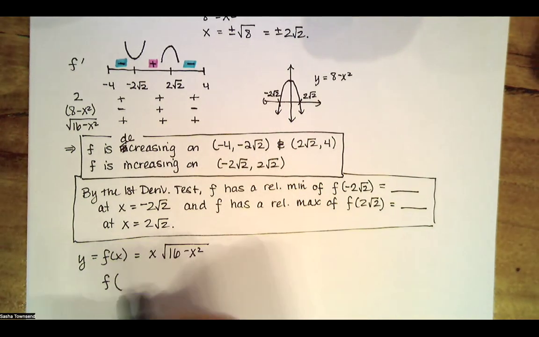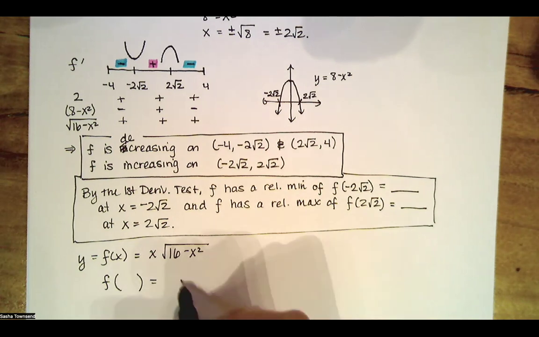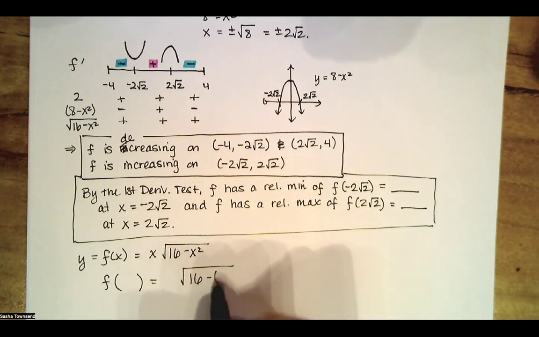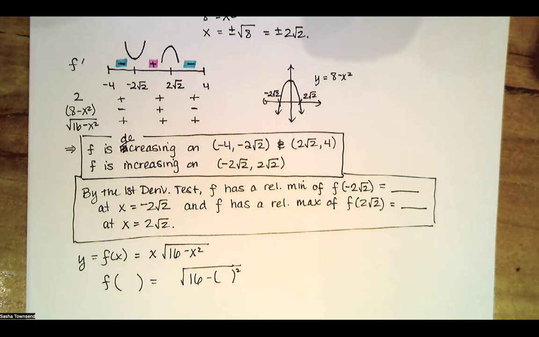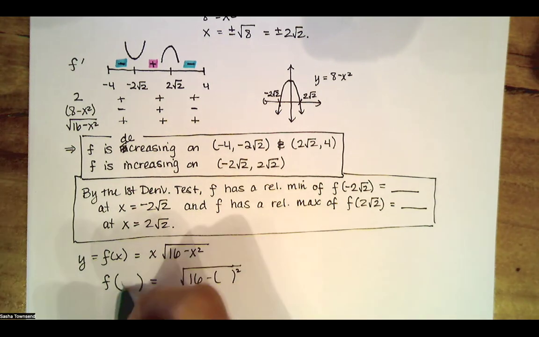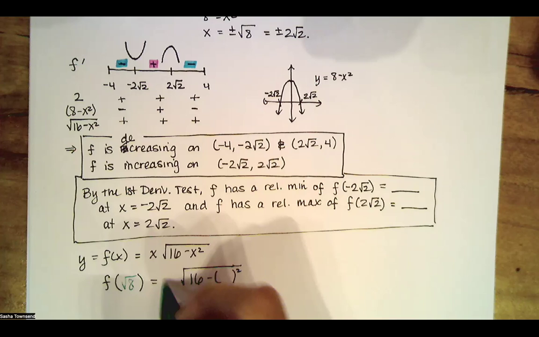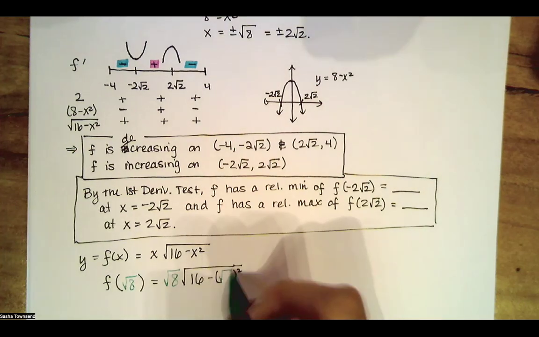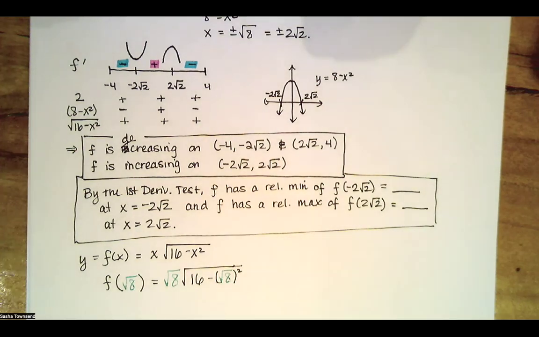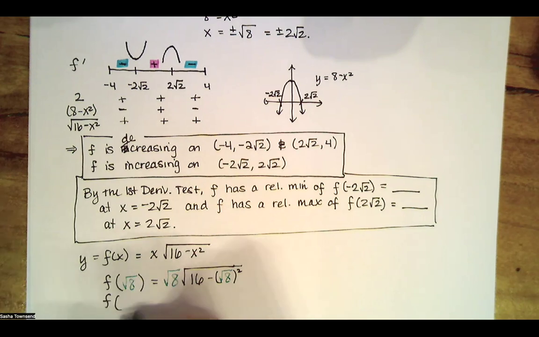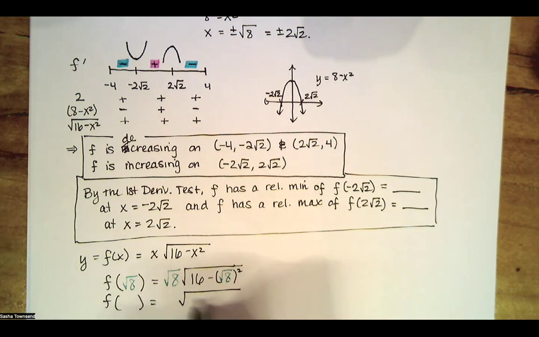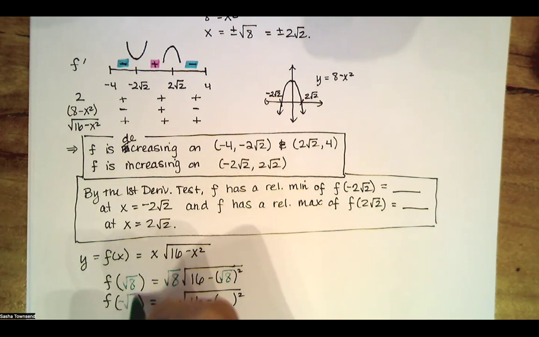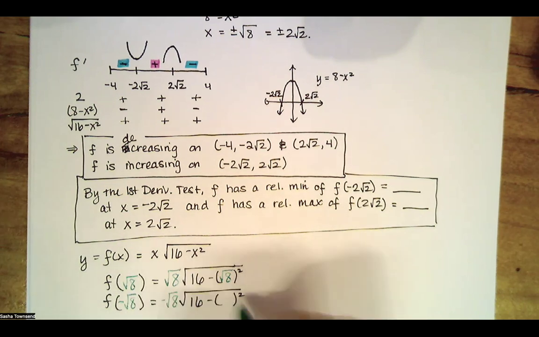So if I want to evaluate this function at square root of 8, we're going to have square root of 8 times this expression. And then we'll have negative square root of 8 times that expression.